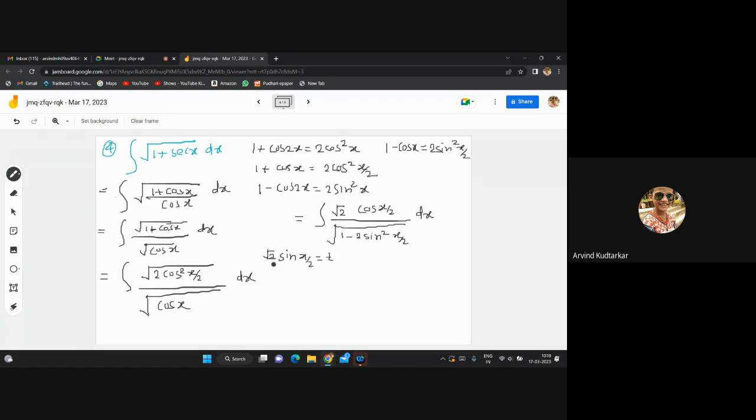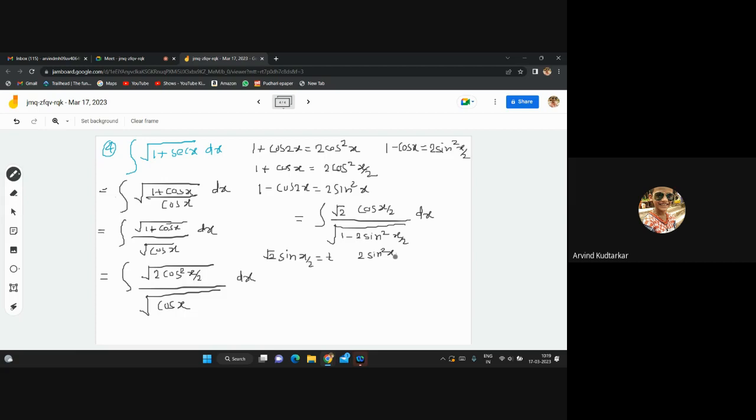Yes, the derivative will be, or you take squaring on both the sides. If you are taking the square, there will be 2 into sin square x by 2 equals t square. So you will get the term 2 sin square x by 2 in the form of t square. So root of 1 minus t square is there.